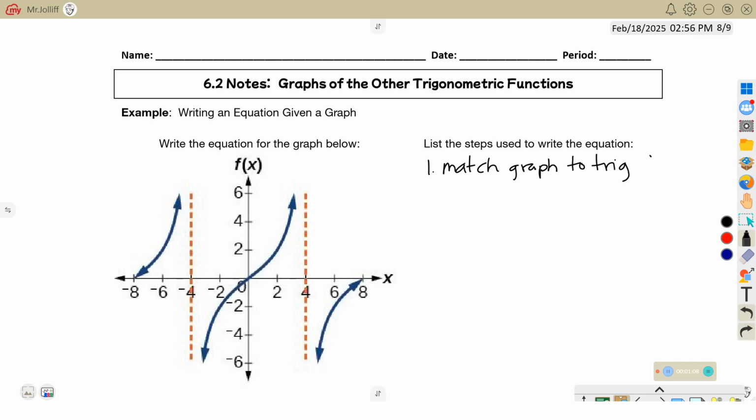Looking at the graph here, of our 6 trig functions, sine, cosine, secant, cosecant, tangent, and cotangent, which one do we think best matches that guy?